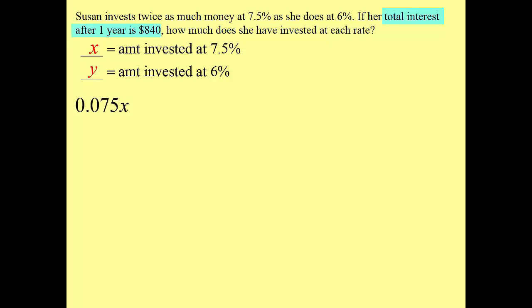We had x amount at 7.5%. We had y at 6%, and together they're $840. And then it goes on to say she invests twice as much money at 7.5 as she does at 6. So the amount invested at 7.5 is twice the amount at 6.